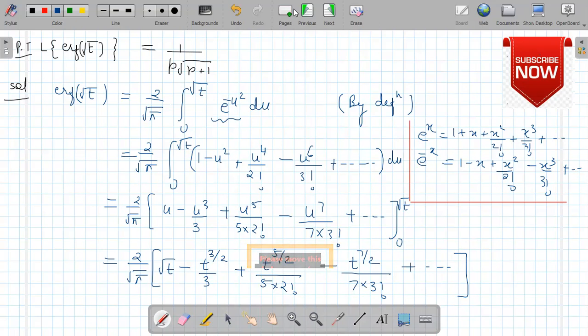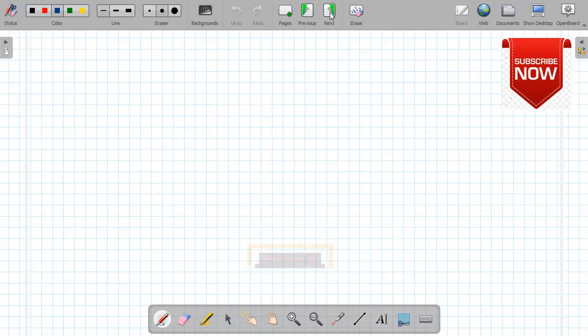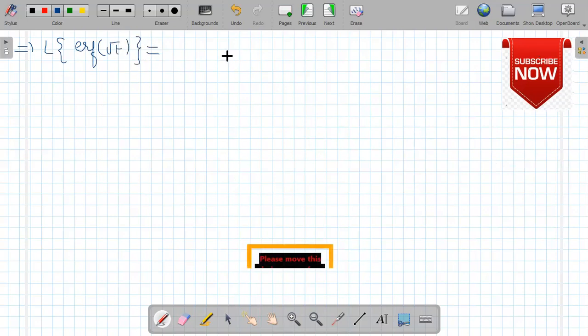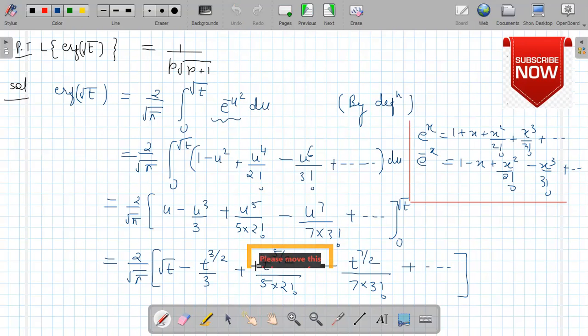So we find now the Laplace transform of this expression. This implies Laplace transform of error function of square root of t is nothing but 2 upon square root of pi into Laplace transform of t raised to the power half. See, Laplace will go inside the bracket and it will work on each term.